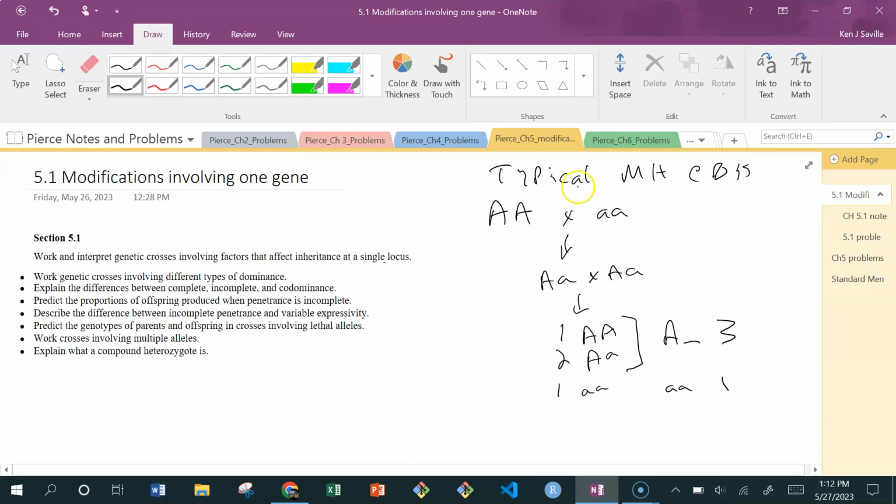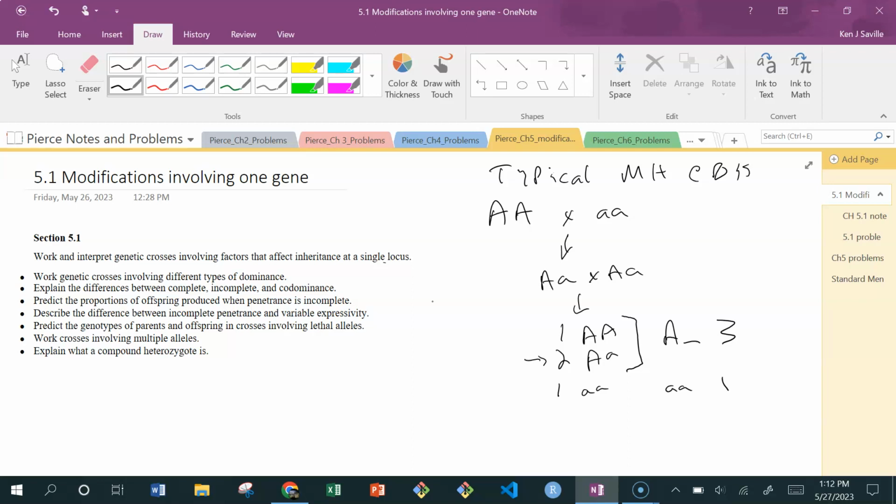Sometimes we'll see a 1 to 2 to 1 ratio, as in codominance and incomplete dominance, where big A is not dominant to little a, so the heterozygote gives us its own phenotype. And then sometimes we'll see situations like a 2 to 1 ratio where one of these categories doesn't show up at all. So we'll take a look at that.